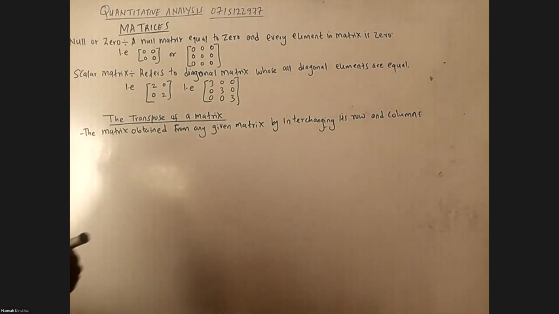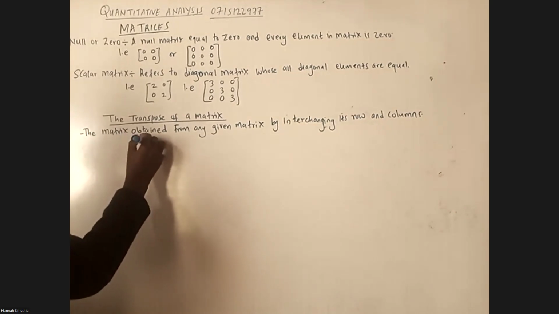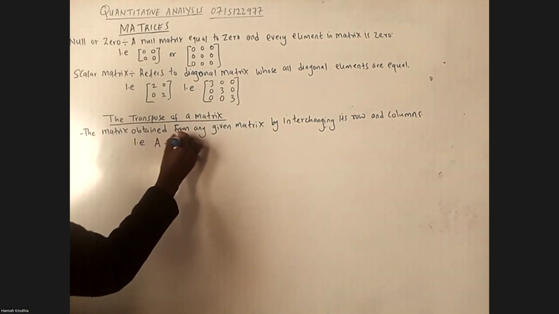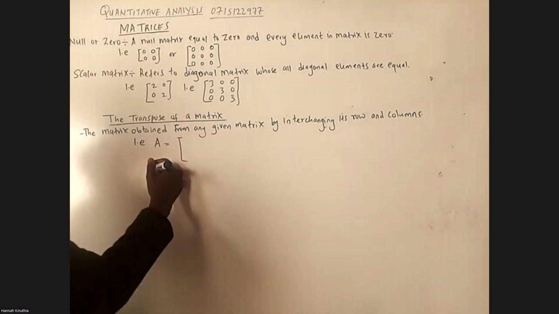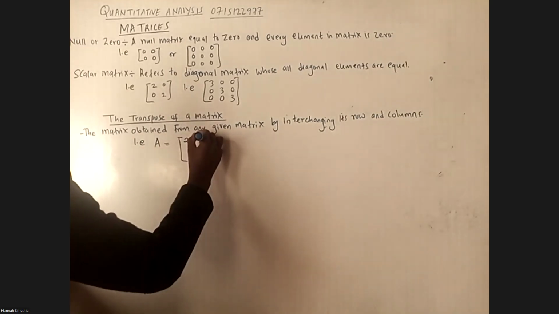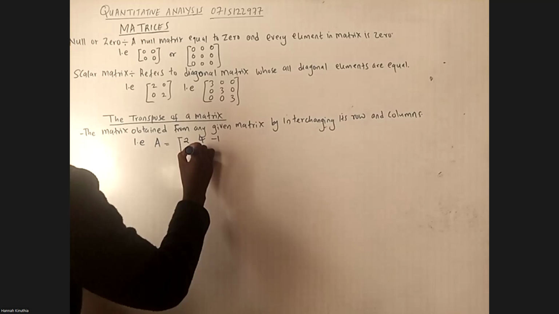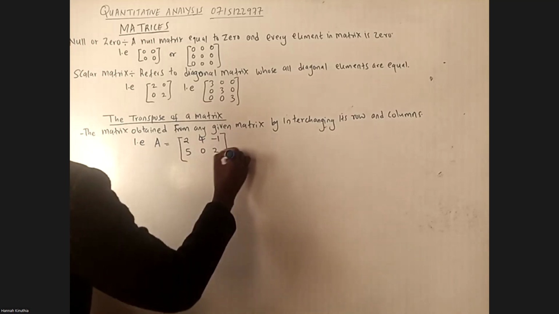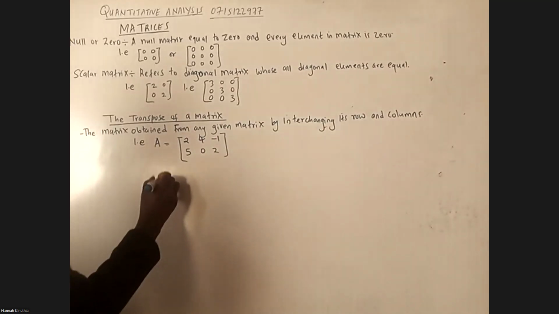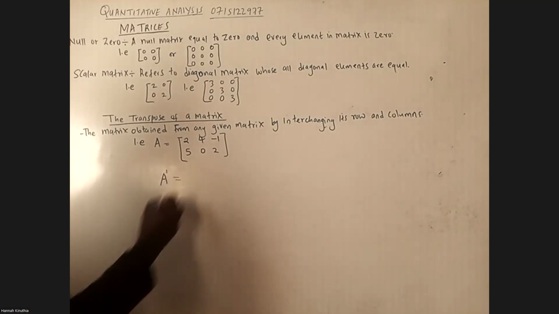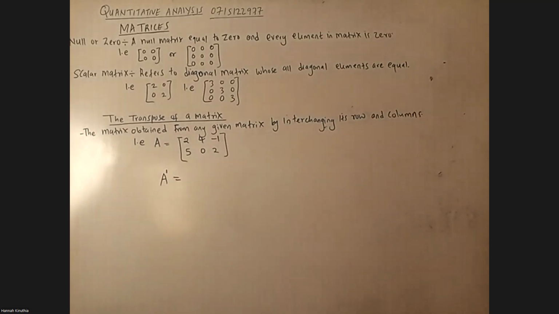For example, you have this matrix A as follows: 2, 4, minus 1, 5, 0, 2. If you want to obtain the transpose, this is how you show it: A with a superscript T. That is the symbol for transpose. Now we interchange.